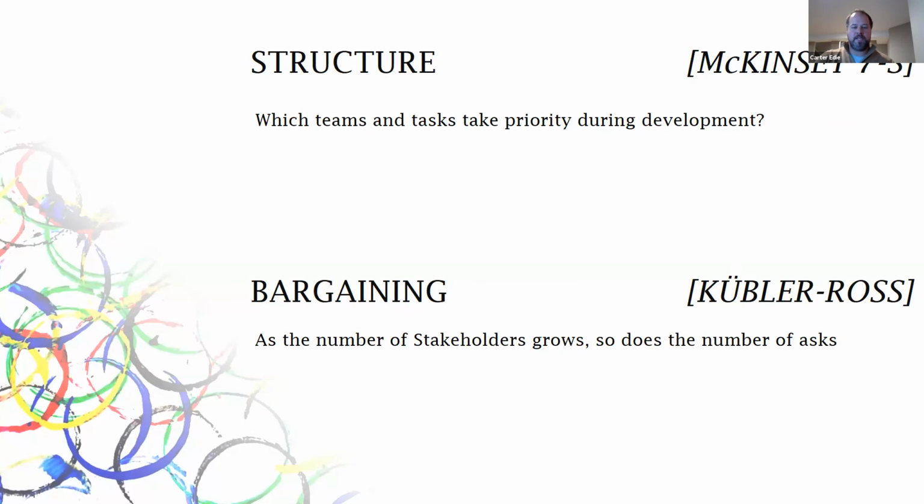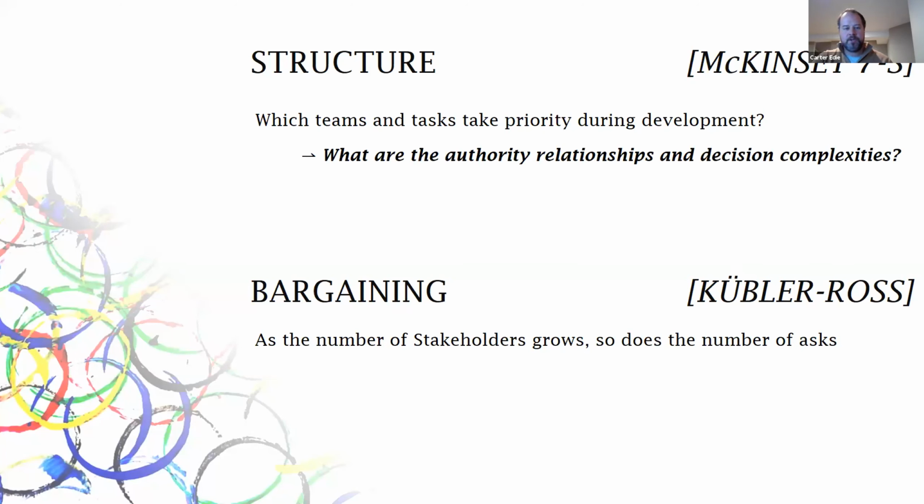If we look at such a project through the McKinsey 7S model, which teams and tasks take priority during development? What are the authoritative relationships and decision complexities within an organization?